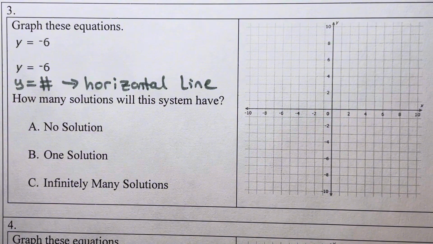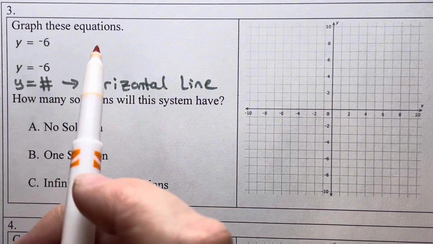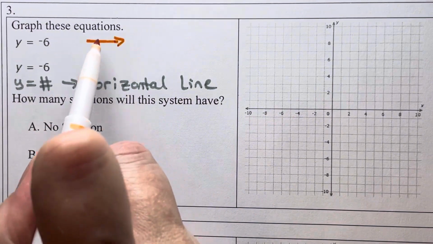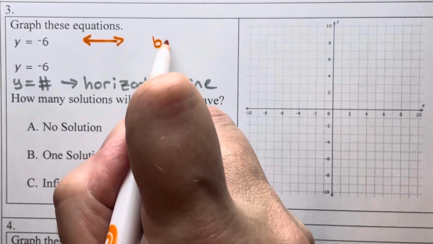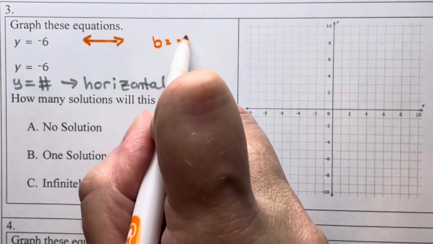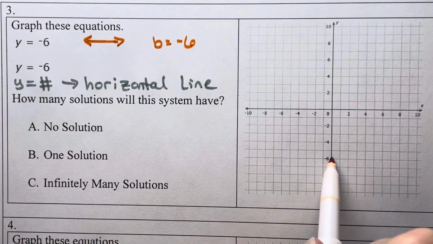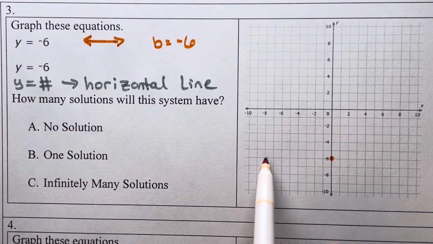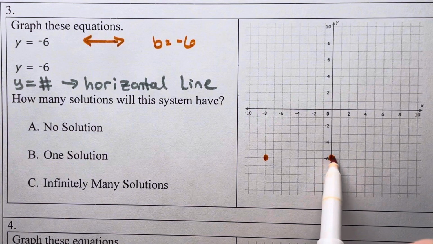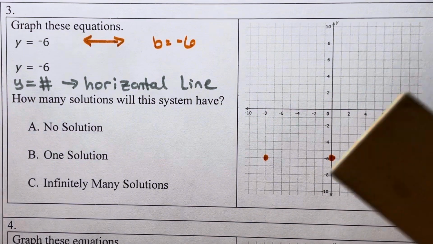So for y equaling -6, I'm going to have a flat horizontal line going straight through the y-axis at -6. Plotting that point here at -6, we can set out any number of points just to make it flat.